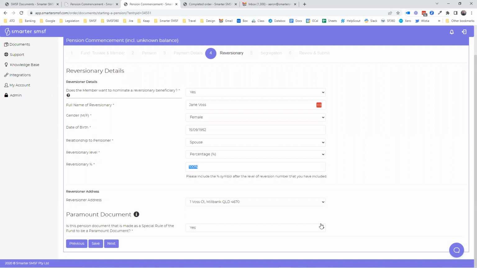Now, naturally, that is the approach that currently happens within the deed, but you can stipulate in a number of Smarter SMSF documents that you want a particular document to act as a paramount document. So if there was ever a document contested in a court of law, that document is intended to be the highest ranking document over anything else that is in place at that point in time.